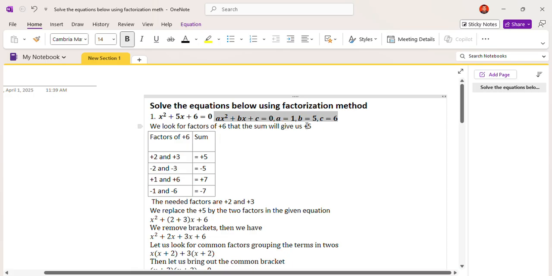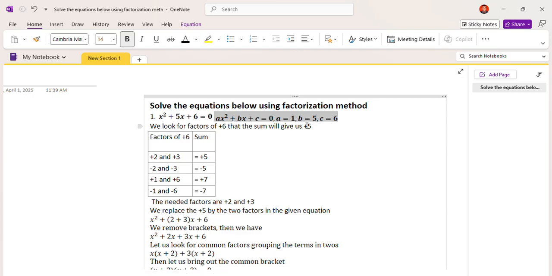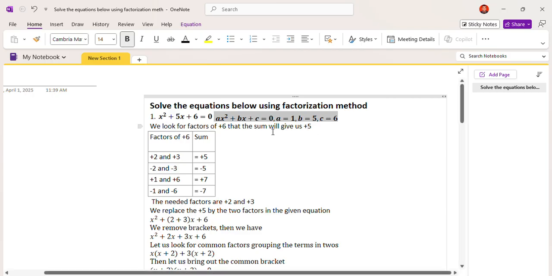Actually, it is the product of a times c: we carry out the product of a and c, and we look for the factors of the answer we get. In our case, a is 1 and c is 6, so the product of ac is 1 times 6, which gives us 6. That's why we are looking for factors of 6.